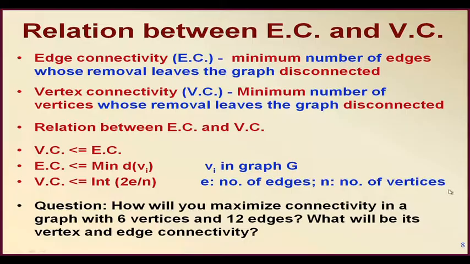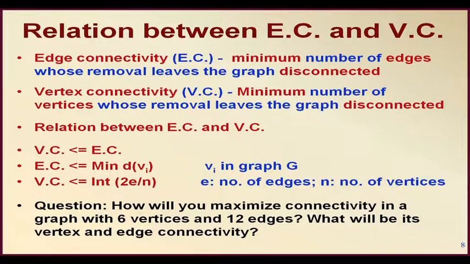Now, some of the relationships: VC should be less than or equal to EC, and EC should be less than or equal to the minimum degree in the graph. It is also found that VC is less than or equal to the integer part of 2e by n, right. Why? Because just look at the degree. The total degree is 2e. So, what is the average degree? The average degree is 2e by n, right.